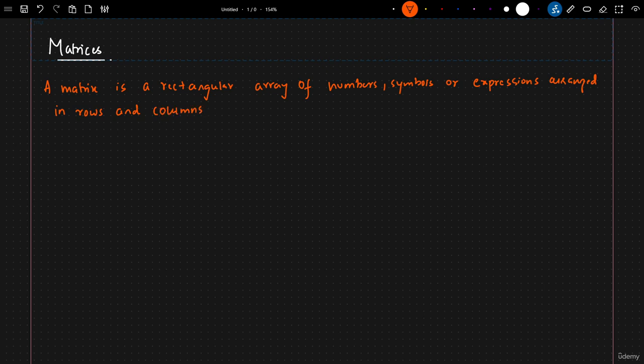So when we are specifically talking about matrix or matrices, it is a rectangular array of numbers, symbols or expressions arranged in rows and columns, okay.